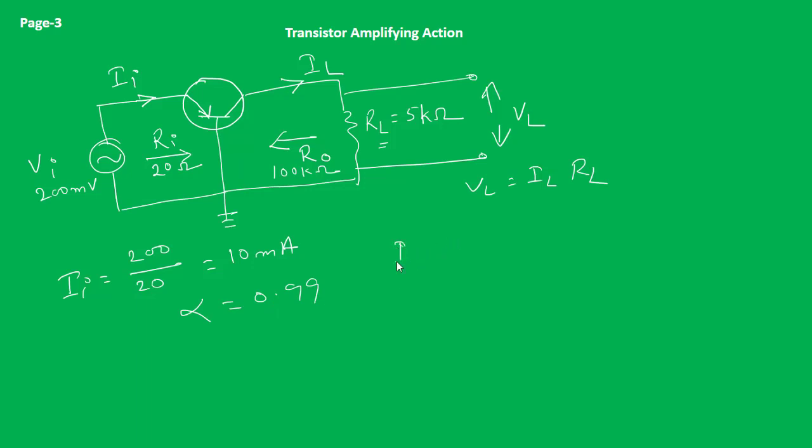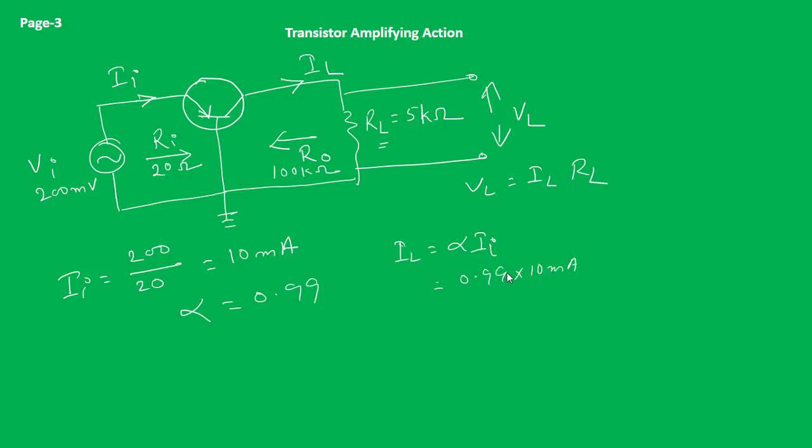So we get IL equal to alpha into II, that is for the typical CB configuration that we have seen, considering ICBO nil, that is ignoring that ICBO part. So you can now multiply this value 0.99 into 10 milliampere.